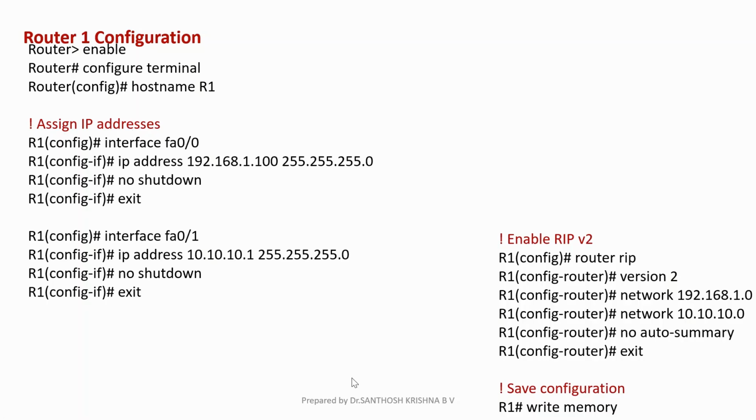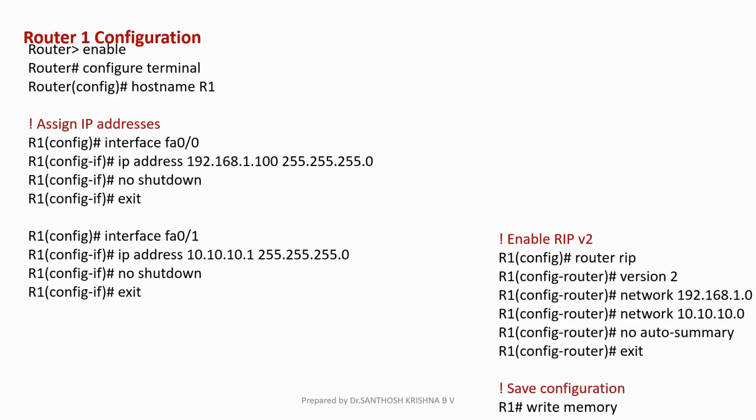After that, here is the main part, enabling the RIP protocol. These are very simple commands. We call router RIP and tell which version we are using. As we have said, version 1 is for classful addressing, so we are not using version 1. Version 3, RIP next generation, is for IPv6, so we are not using that either.